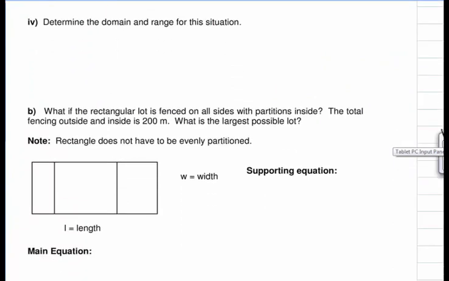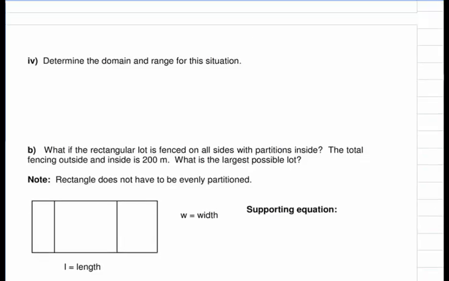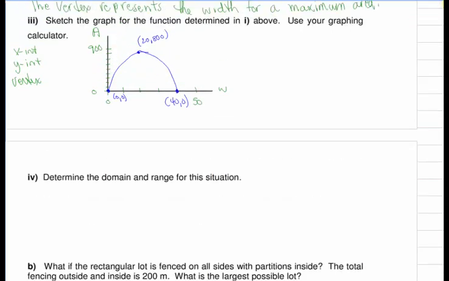Oh, hang on, before we go anywhere, let's do the domain and the range for this, okay? Now, if you go back to your graph, and you look at what your x-coordinates could be, they can go anywhere from 0 to 40. So our domain, using set notation, and remember our variable for the domain is the width, so w, and our values for w are between 0 and 40.